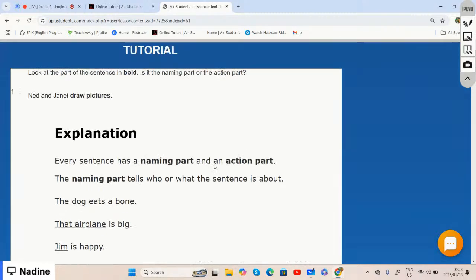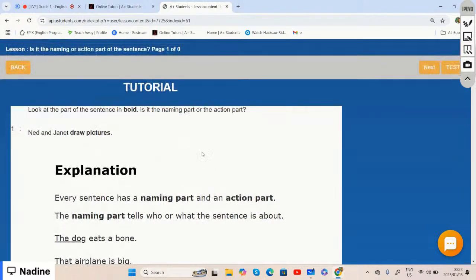All right. So now we're going to do an activity where we're going to say is it either a naming part or an action part of a sentence, and then we're going to our test. All right.